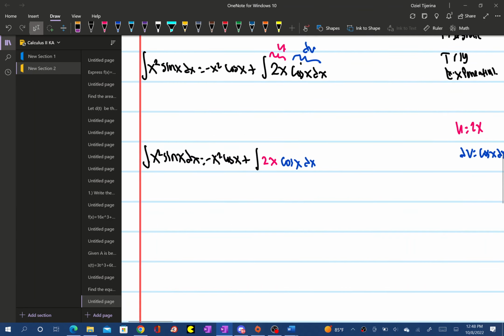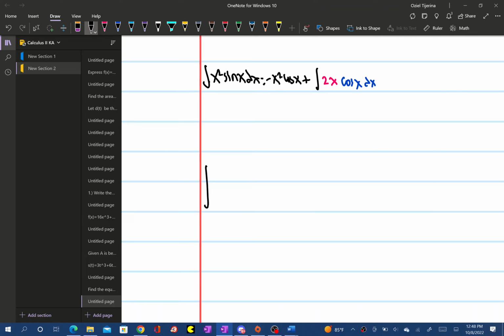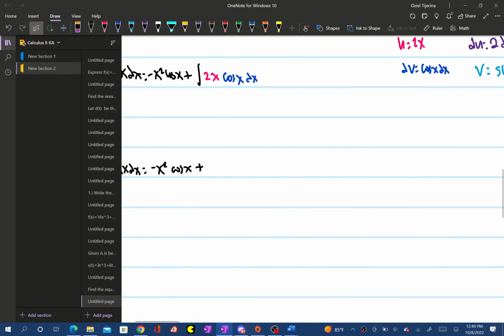Then the integral of x squared sine x dx equals negative x squared cosine x plus, and then again we use integration by parts.